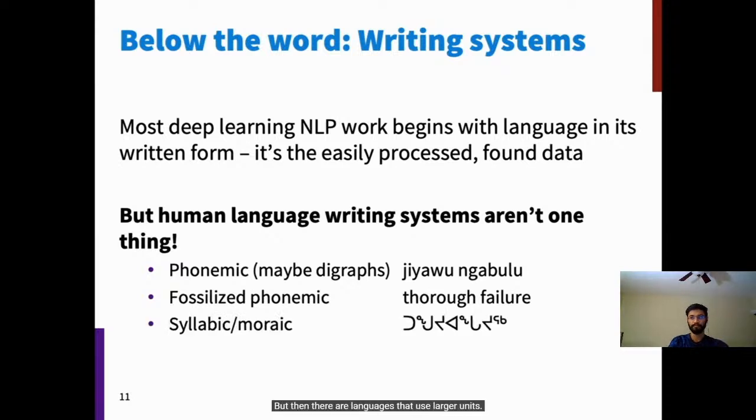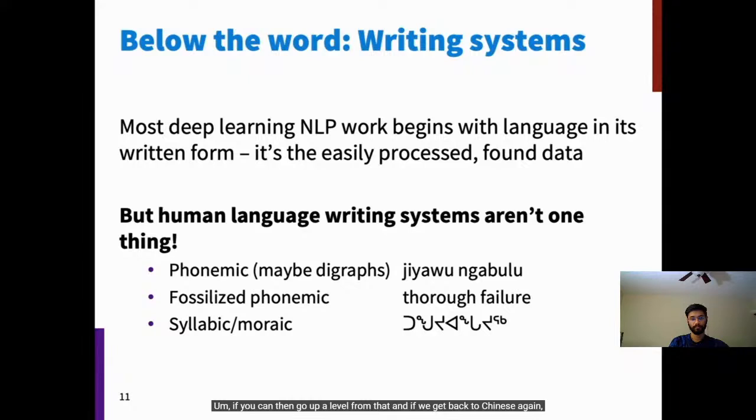But then there are languages that use larger units. This is Canadian Inuktitut, which I just put in there because it's such a pretty writing system. There are a lot of languages that represent syllables by their characters, like Korean Hangul, where each letter is a syllable, a consonant-vowel combination like ba.